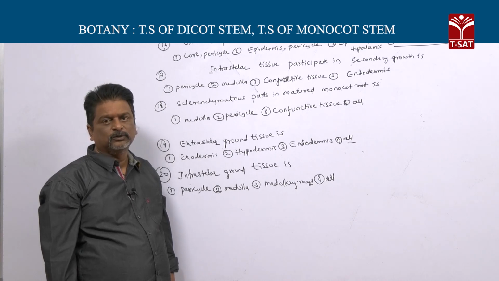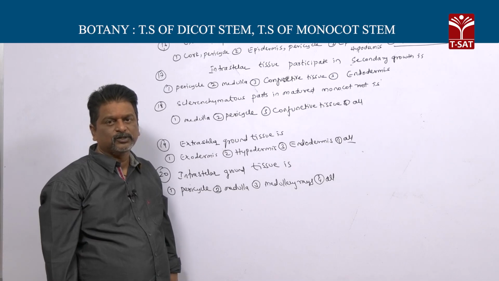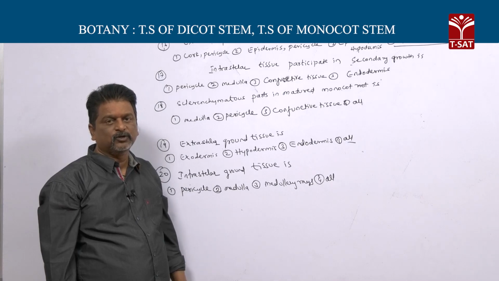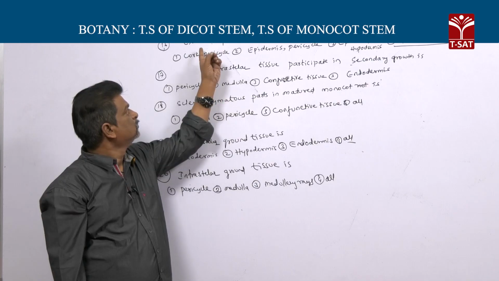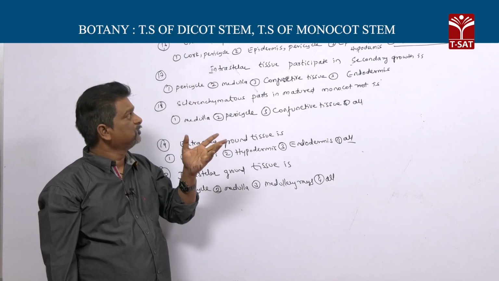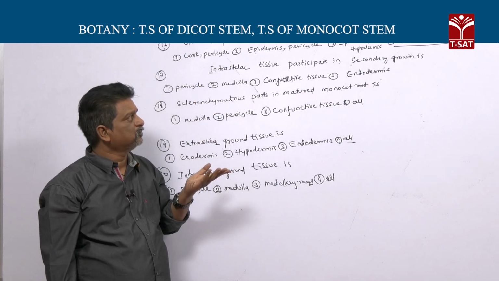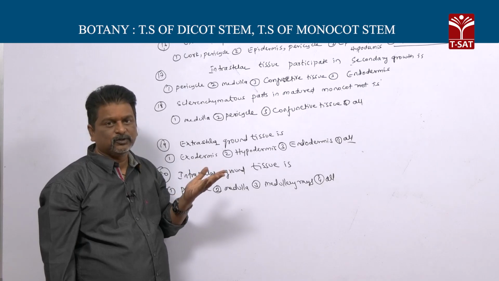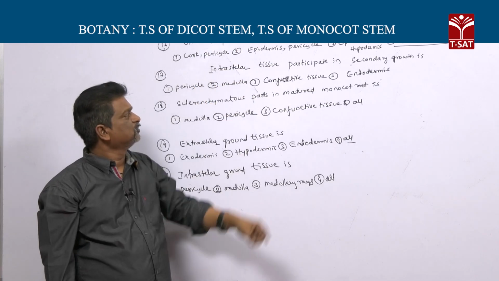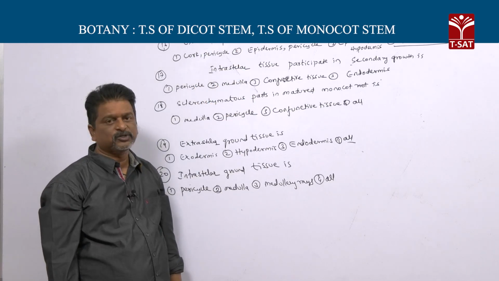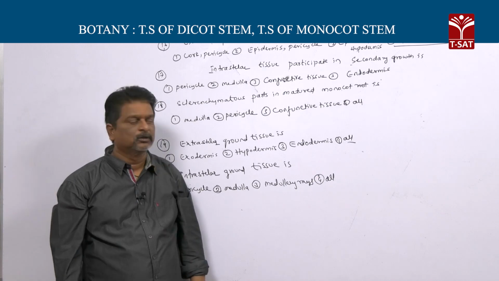In old root, outer cortical cells become suberized and form the exodermis. This exodermis forms the protective layer. So young root means epidermis, old root means exodermis. So the external protective tissues are both epidermis and exodermis.